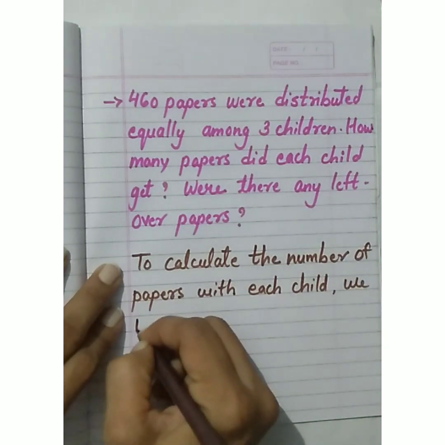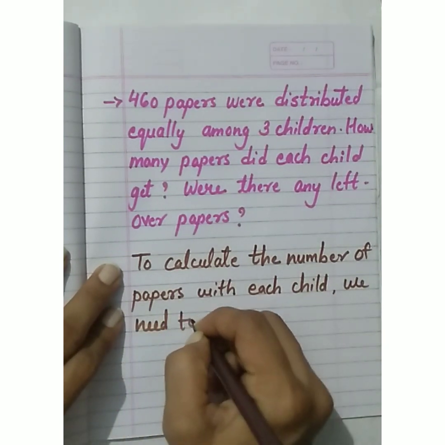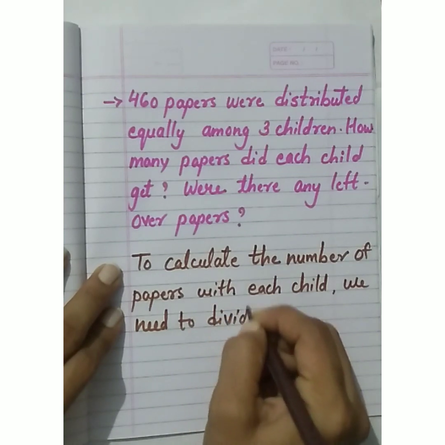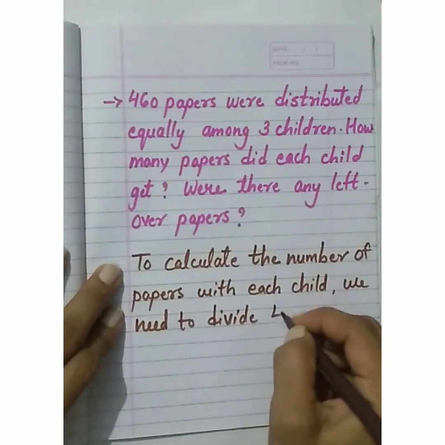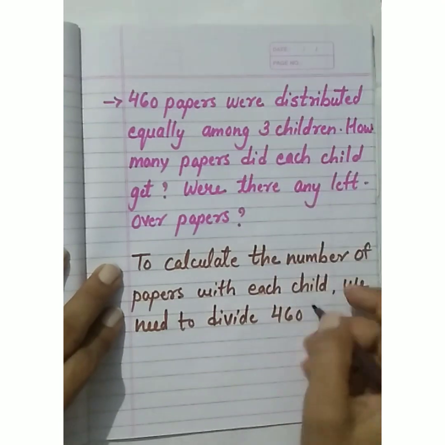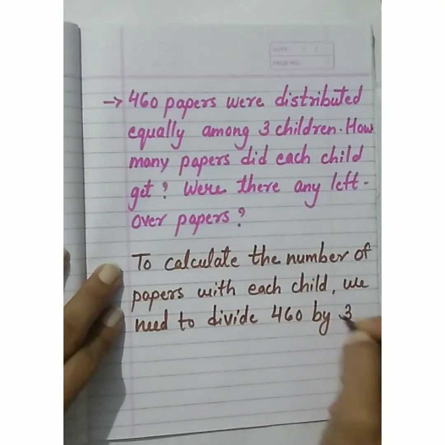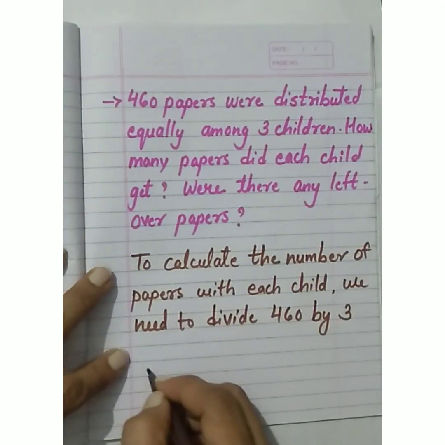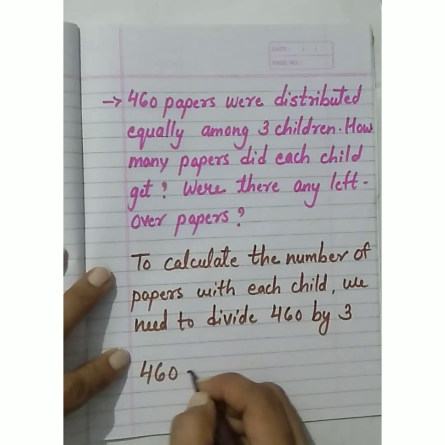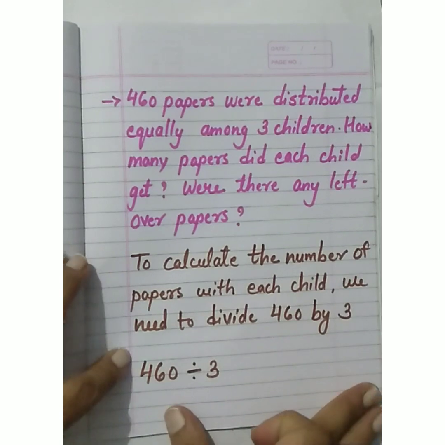We need to divide. What we have to divide? 460 by 3. So here 460 is our dividend and 3 is our divisor. So let's divide it.